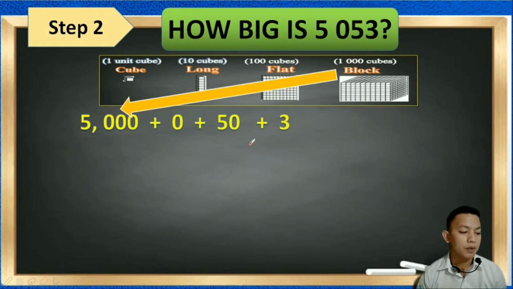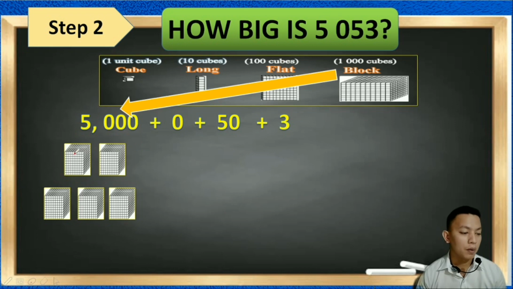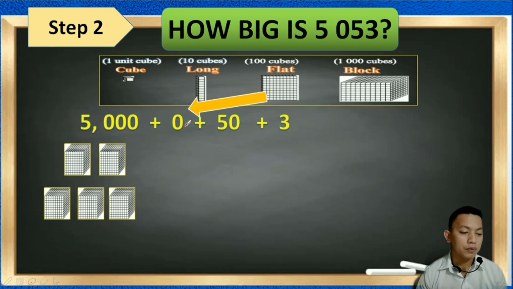Let's try. How many blocks are there in 5,000? So we have 5. 1,000 plus 1,000 plus 1,000 plus 1,000 plus 1,000 is equal to 5,000. So we have 5 blocks. Next, how about 0?